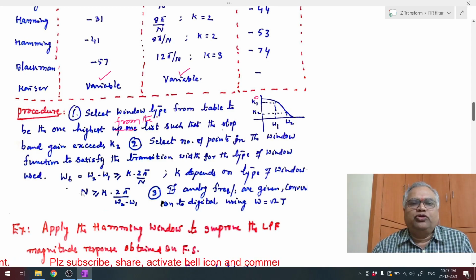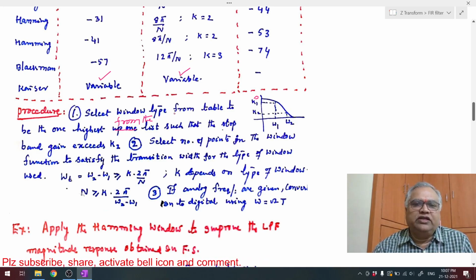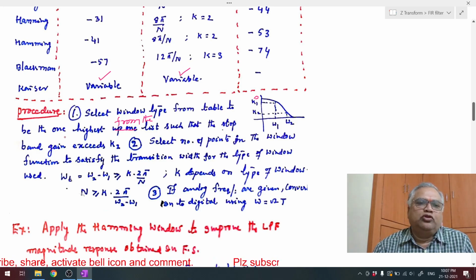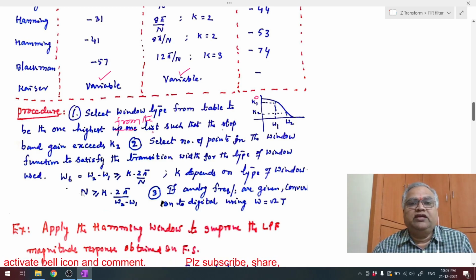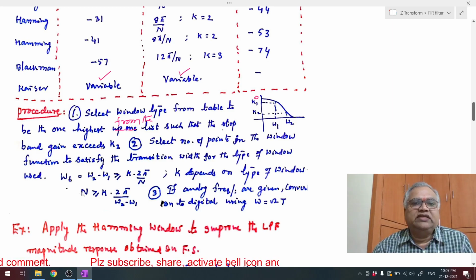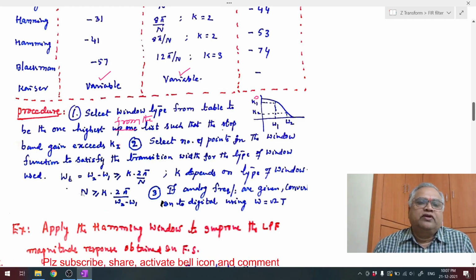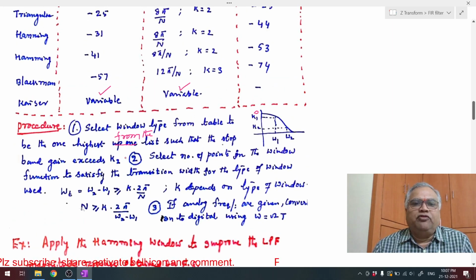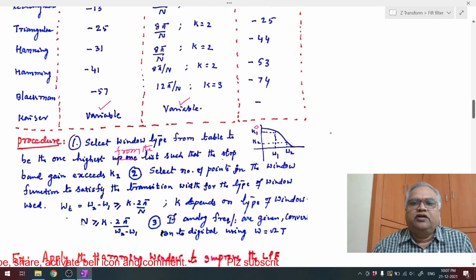Now select the window type. What type of window do we have to select from the table? The one highest from the list such that the stop band gain exceeds K2. For example, I want an attenuation of -50 or -45.